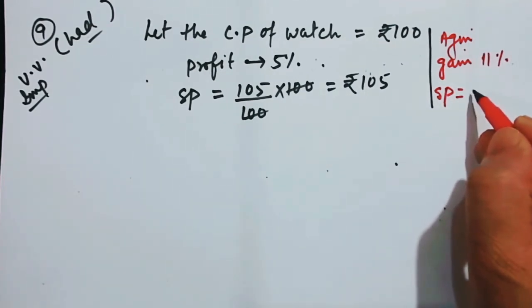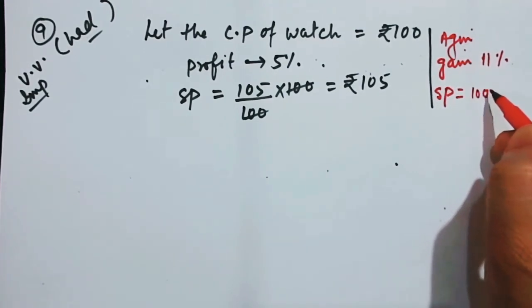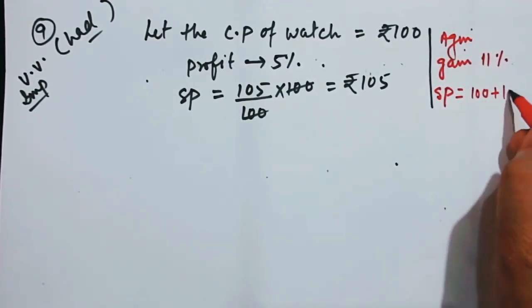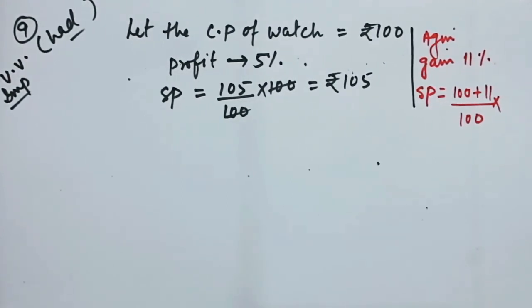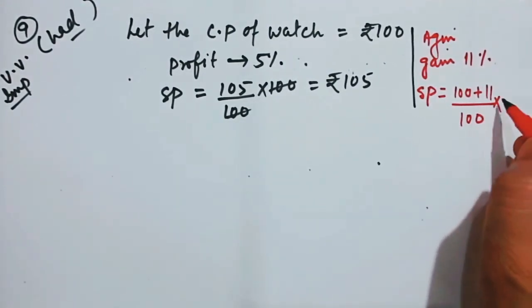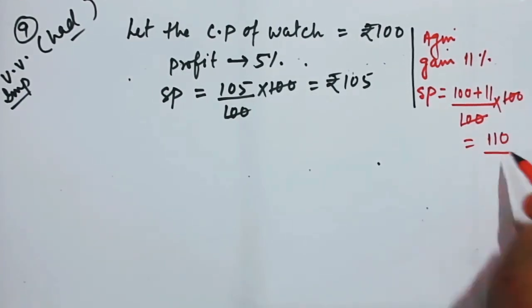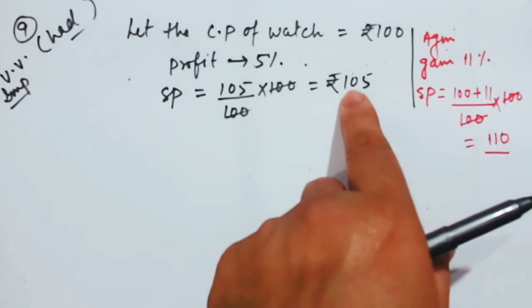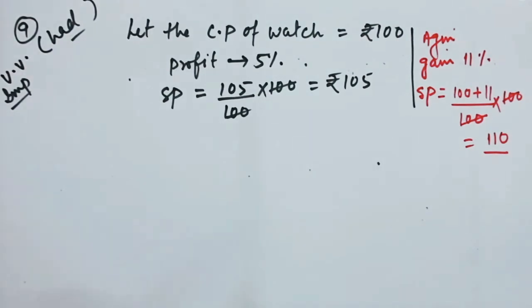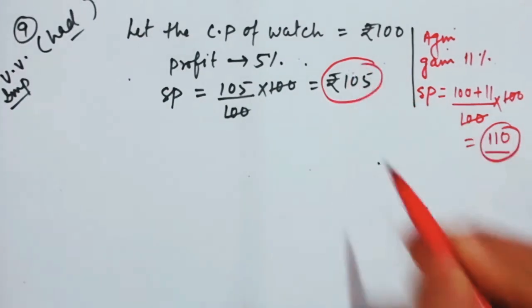Selling price is equal to 100 plus gain percent, 100 plus 11 by 100 into cost price, into 100, which will give you rupees 111. Since you are finding it on 100, you can directly write 105 and you can directly write 111. Now you have got two selling prices.